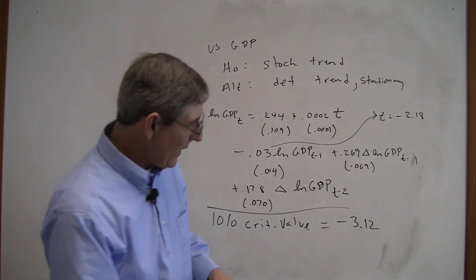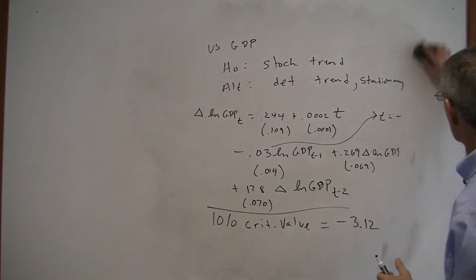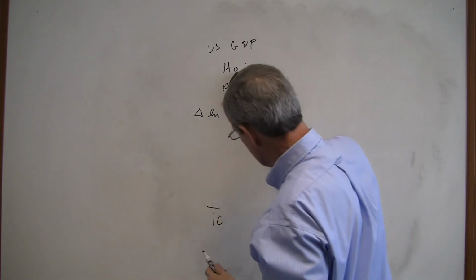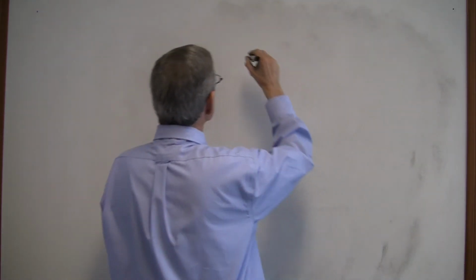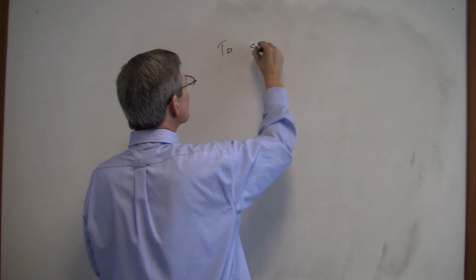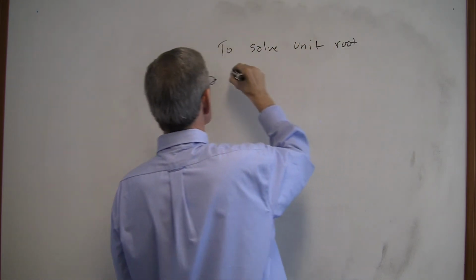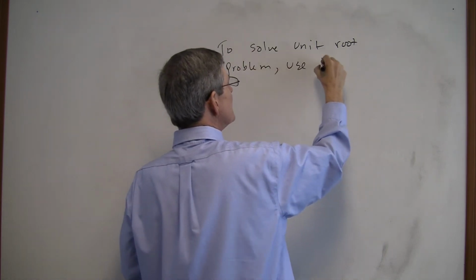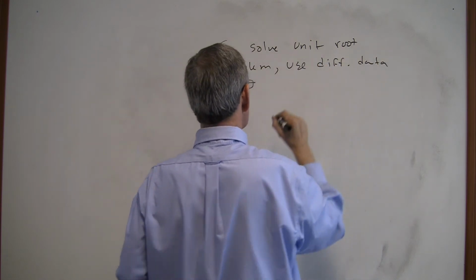So how do you avoid problems caused by unit roots? The most reliable way and the simplest way is to just difference your data. So to solve the unit root problem, use differenced data. That'll work for you.